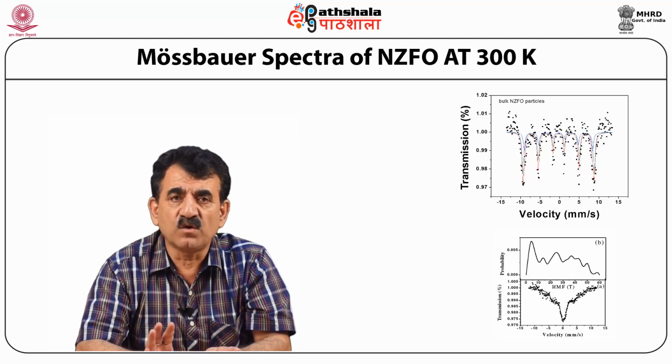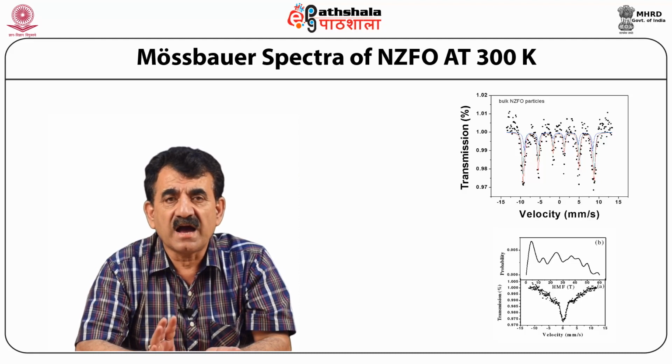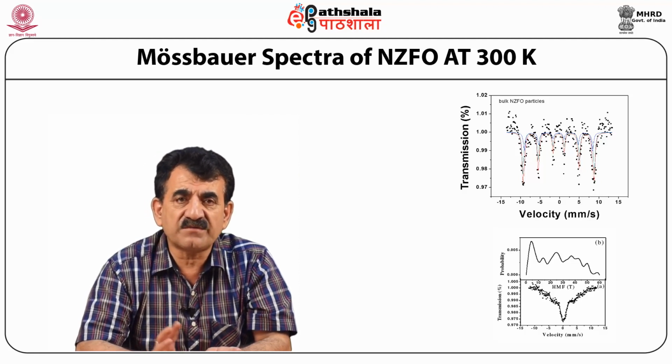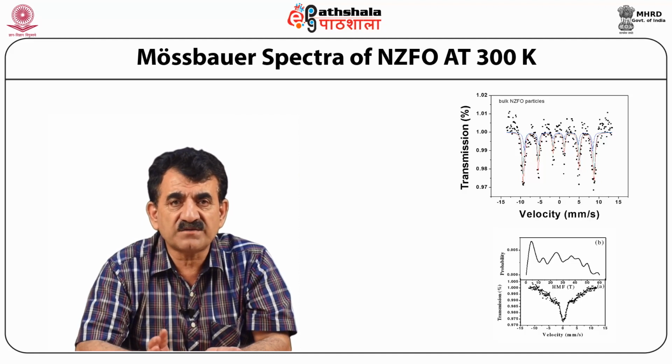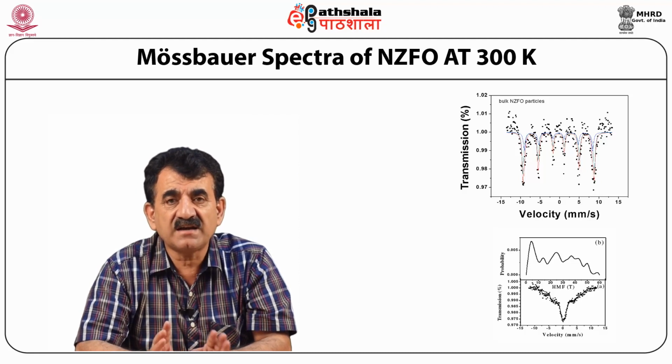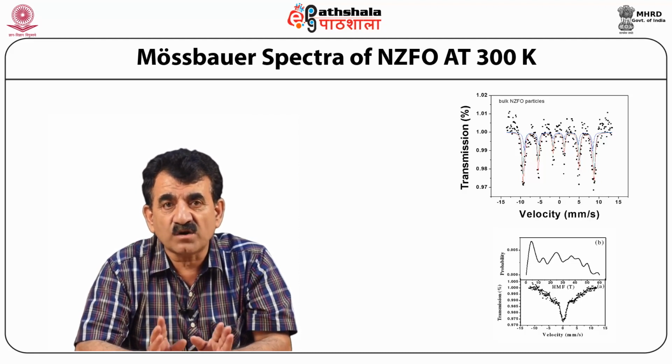And so this is the room temperature iron-based Mossbauer spectrum of nano nickel zinc ferrite particles. Whereas on the left-hand side, the Mossbauer spectrum is there, but it is relaxed, and the ordering is not well defined.